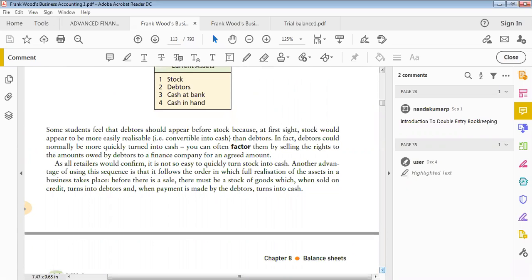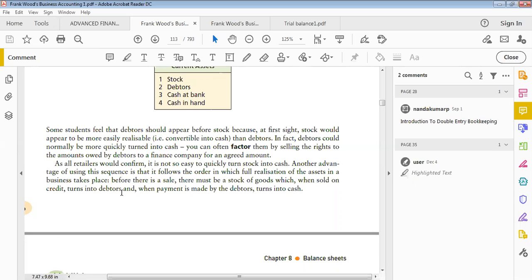As our retailers would confirm, it is not so easy to quickly turn stock into cash. Another advantage of using this sequence is that it follows the order in which full realization of the assets in our business takes place. Before there is a sale, there must be a stock of goods which, when sold on credit, turns into debtors.